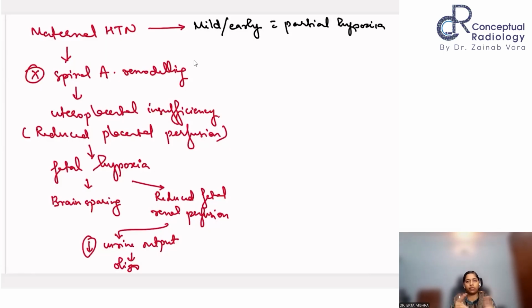Now, it's very rarely associated with polyhydramnios, first of all. It's always causing oligohydramnios. In some cases where there is an early onset with partial hypoperfusion, it leads to partial hypoxia of the fetus. So this is one proposed theory where the fetus adapts.